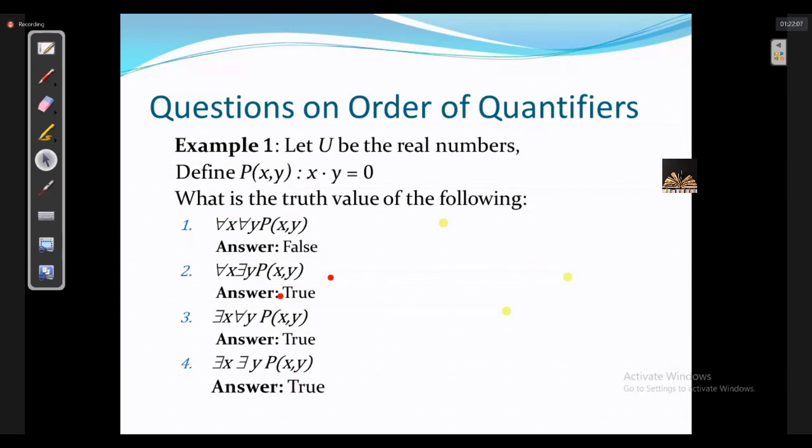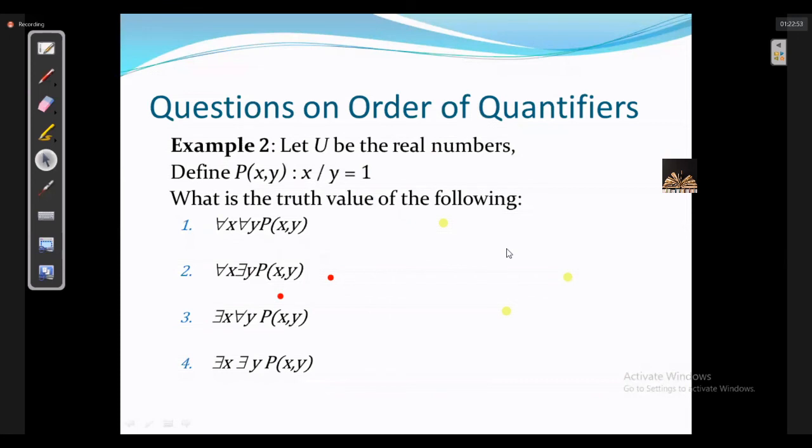Okay, note down this example. Okay, next example.